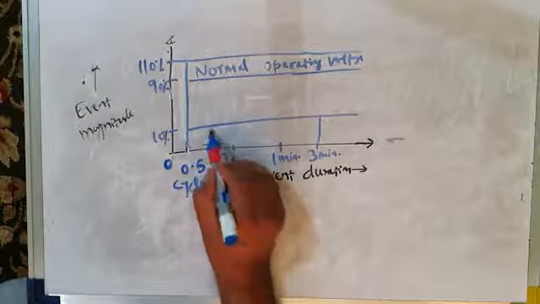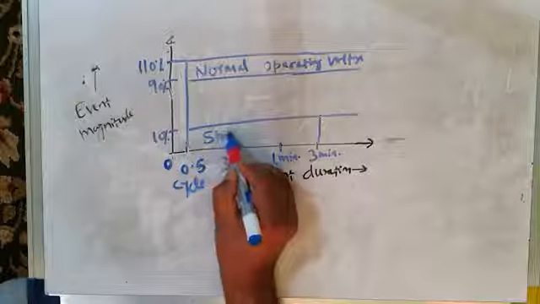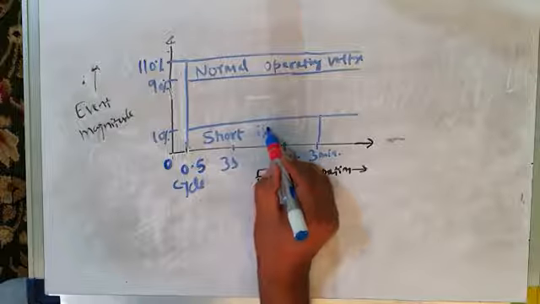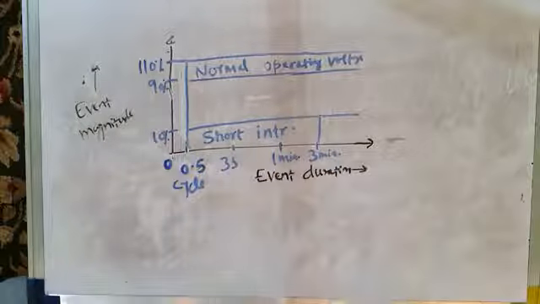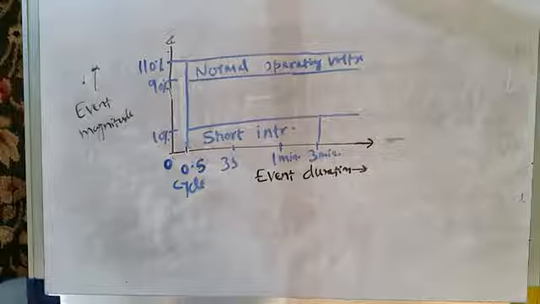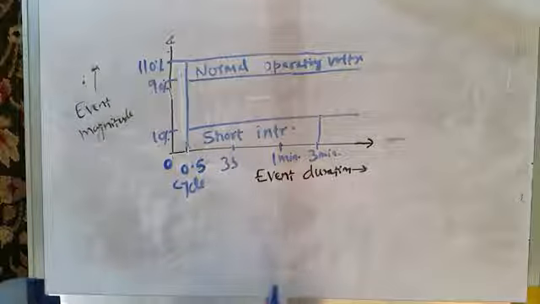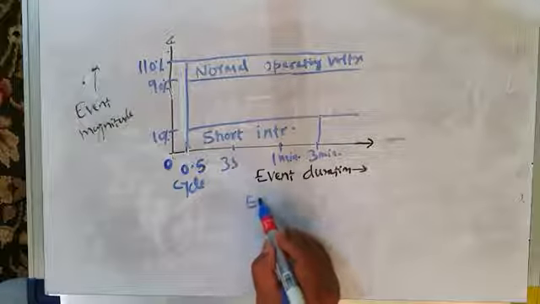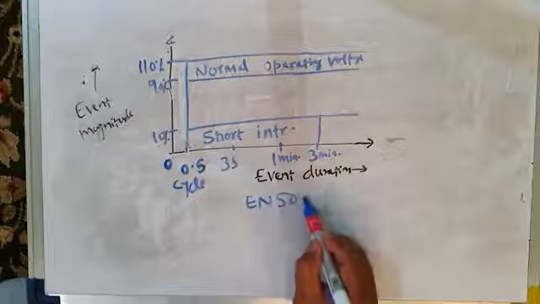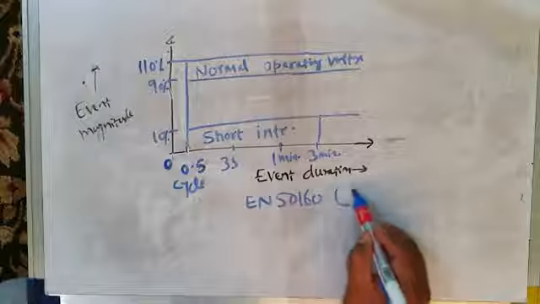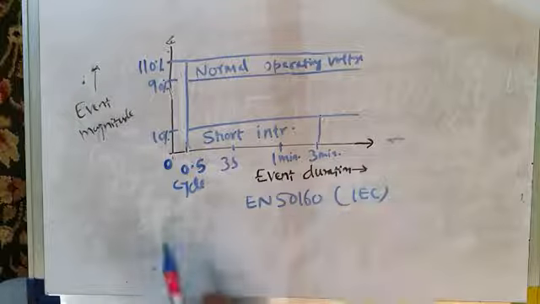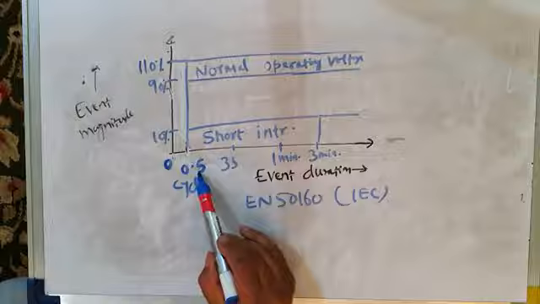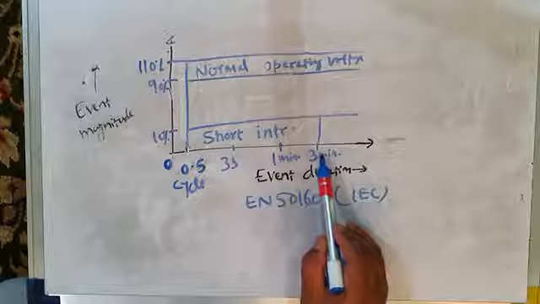This is short interruption. If you remember just few moments back when we were discussing interruptions, I told you that according to IEC, or according to this standard, EN 50160 standard, which is IEC standard, a short interruption has a duration of 0.5 cycle to 3 minutes.